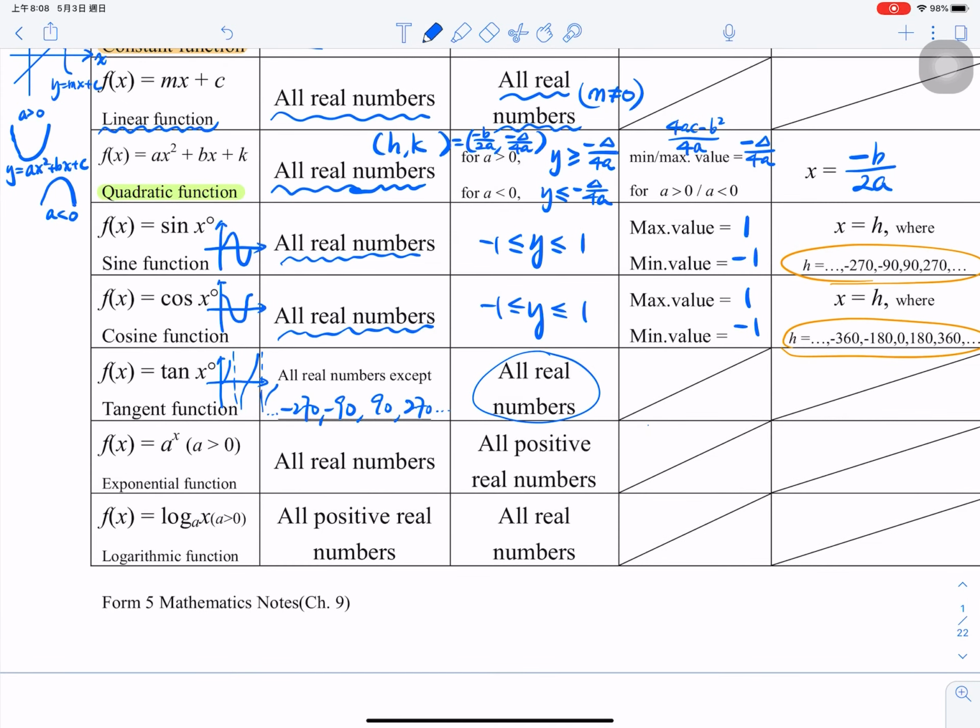Good. Last two functions, do you remember? f(x) equals y equals a to the power x. We say that is the exponential function. Do you remember we have several kinds of exponential function? Maybe you say we can cut it into two. One is like this, x, y. This one, y equals a to the power x for a greater than 1.